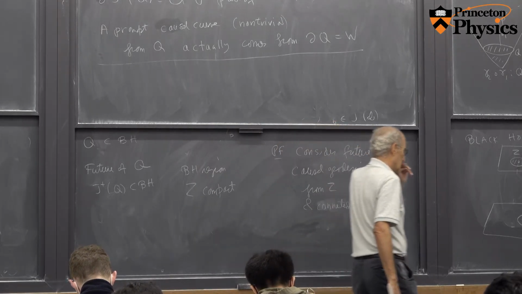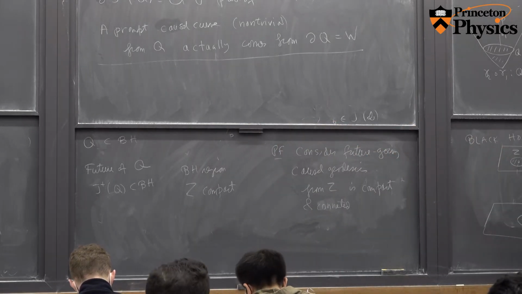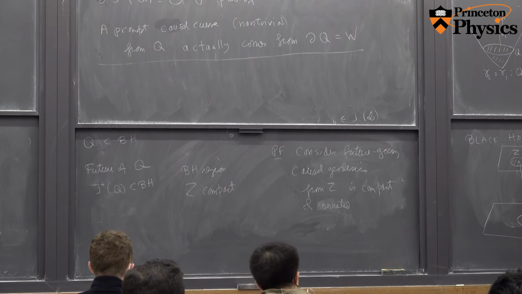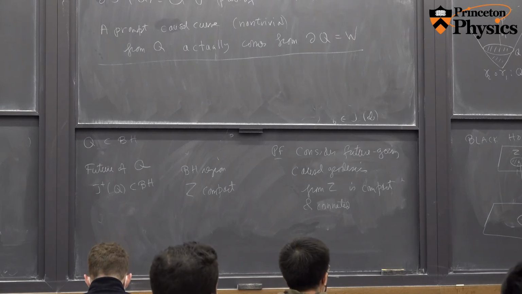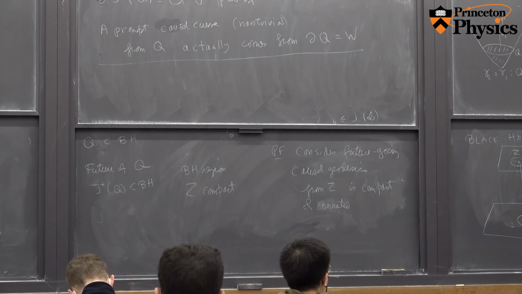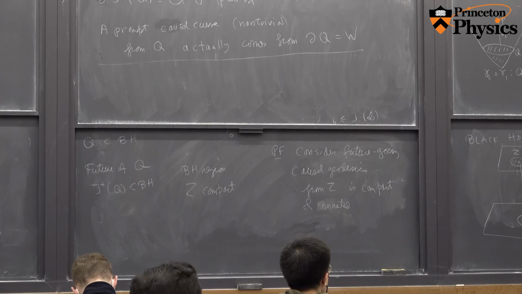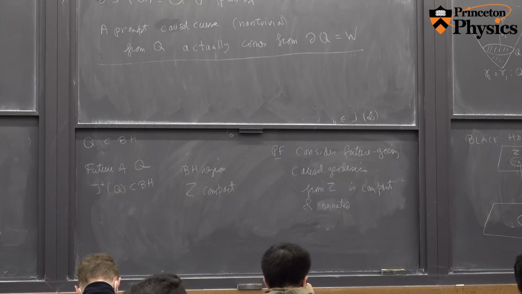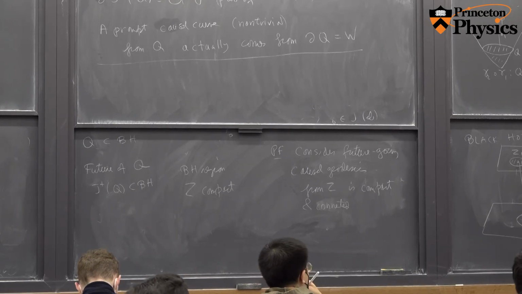So now, solving the geodesic equation gives us a map from Z to the black hole region. We're just solving an ordinary differential equation to find the geodesic. And as we've observed several times in this course, the solutions of an ordinary differential equation depend smoothly on the initial data.